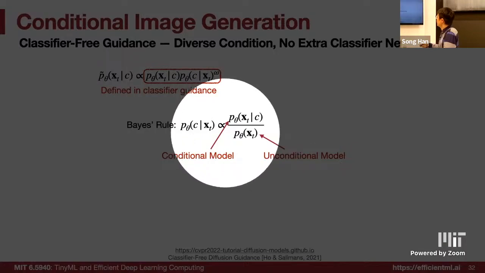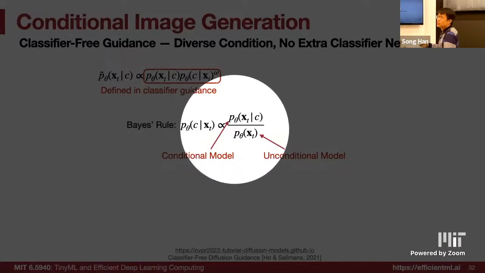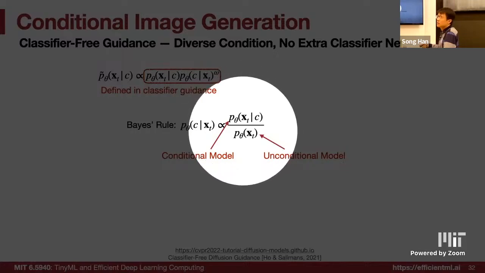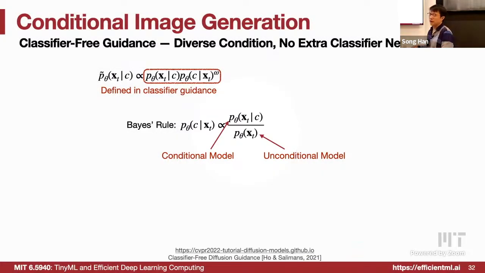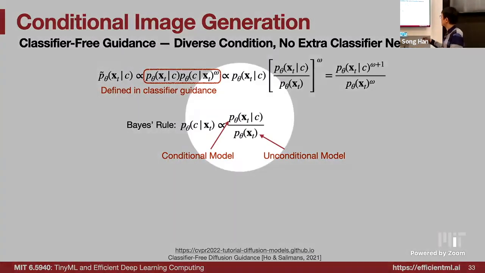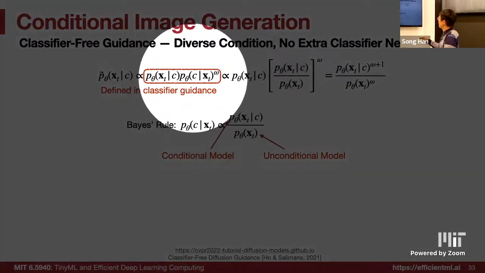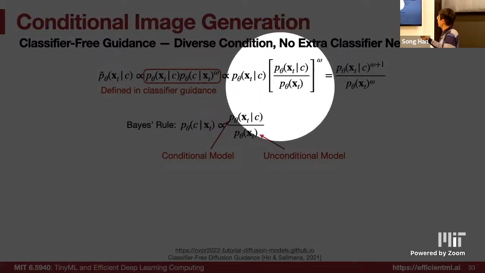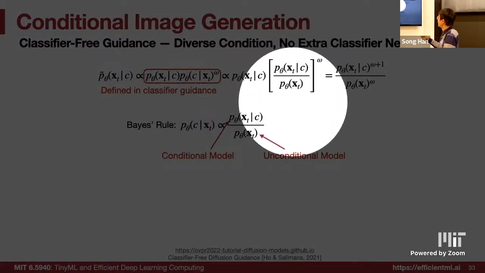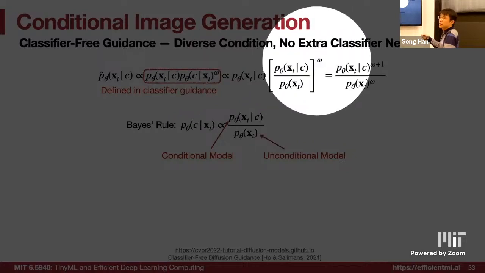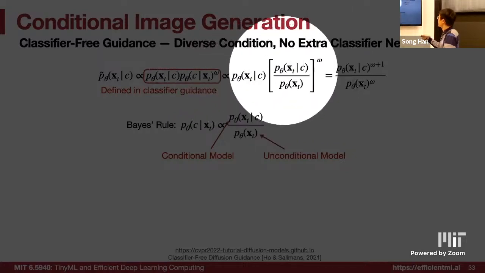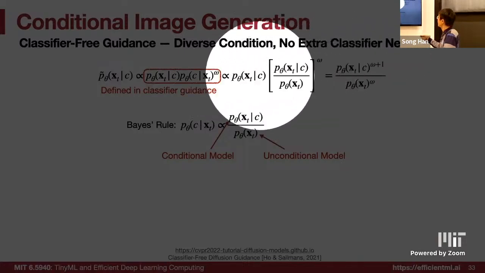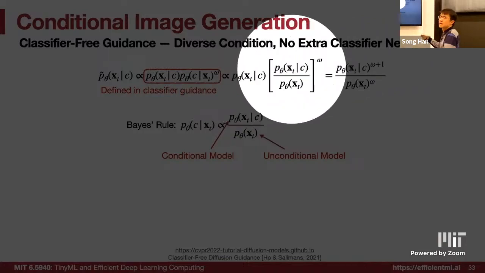Bayes rule. So basically, we can run the inference twice. One is the conditional model. The other is the unconditional model. So in that way, we can rewrite the expression on the top by inserting p(c given xt) to be p(xt given c) divided by p(xt). And to the power of omega, we still put it here. And we find these two terms can be combined together to the power of omega plus 1, since they're the same.